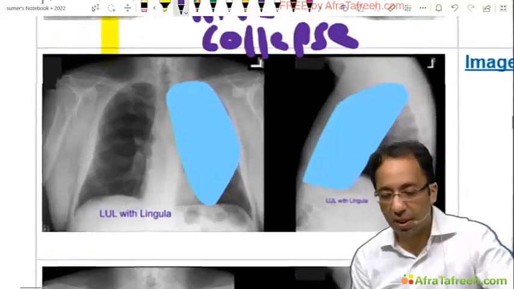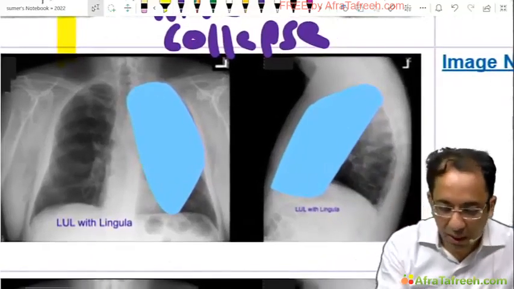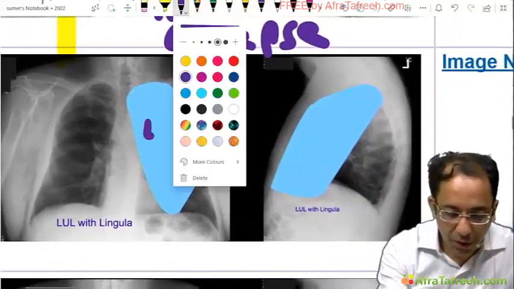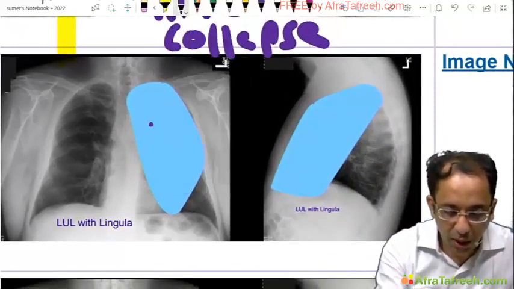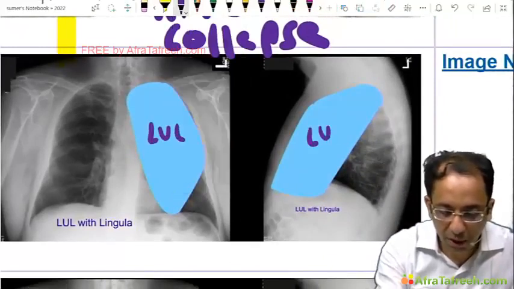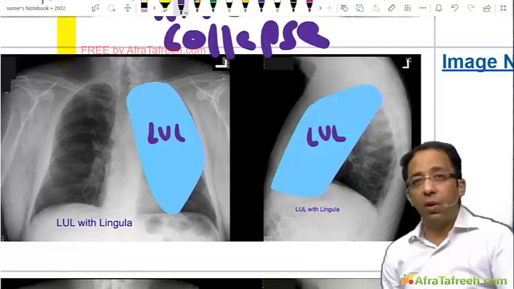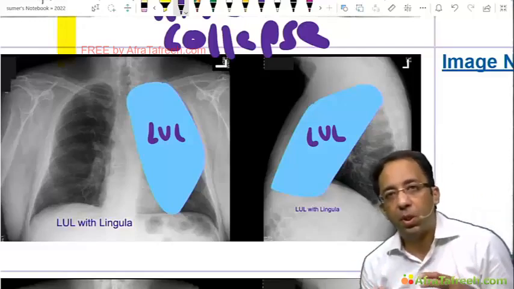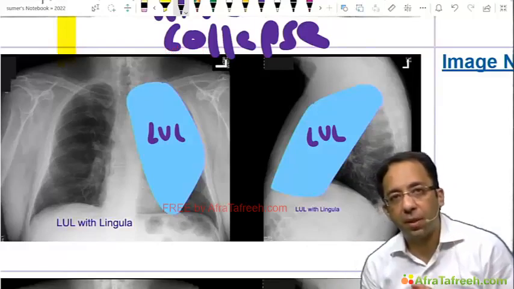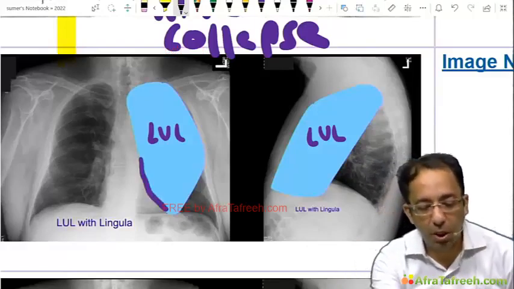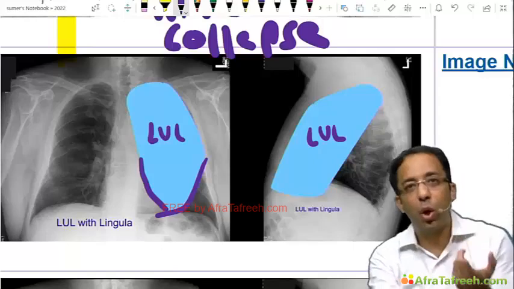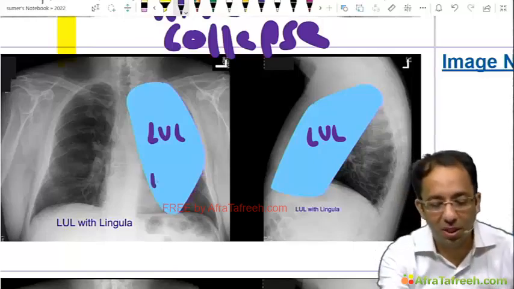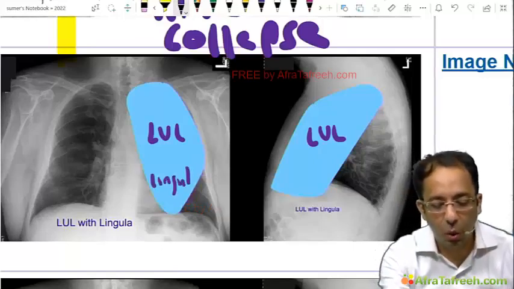Now on the left side, there is a lobe which is shown here. This is your left upper lobe. Have you ever imagined that on the left side the upper lobe is very different from the right side? It has a tongue-like projection. There is no horizontal fissure. What is this? This is your lingula.